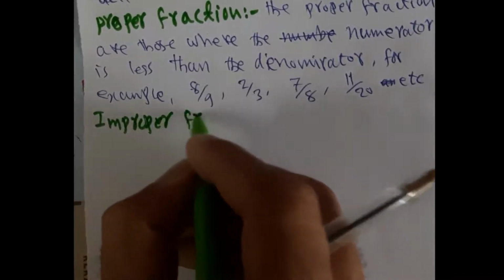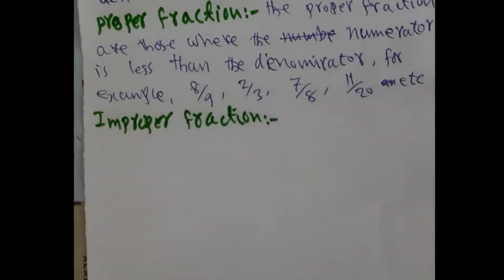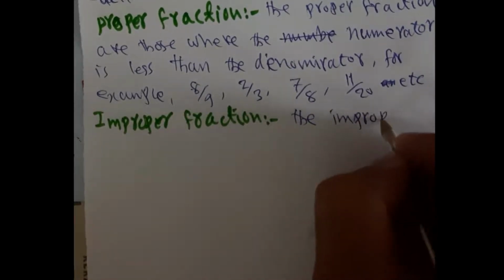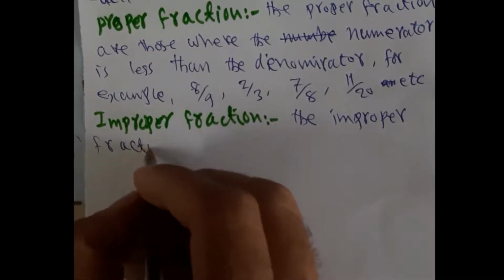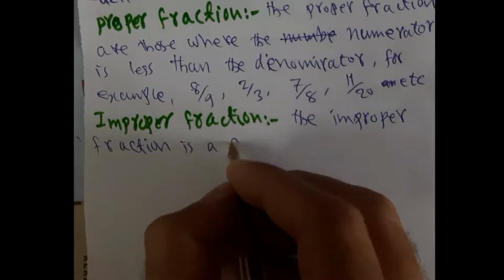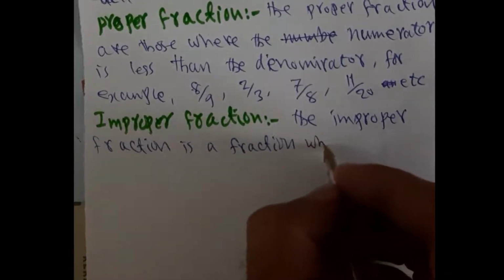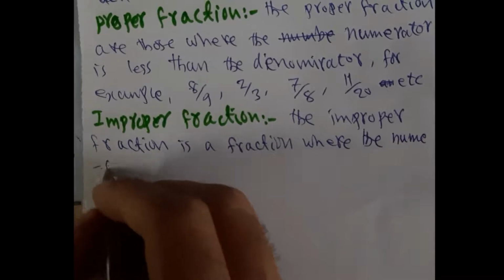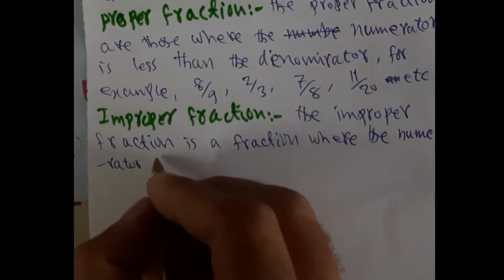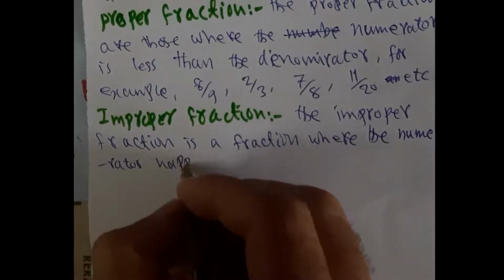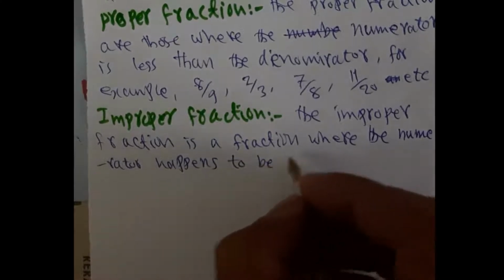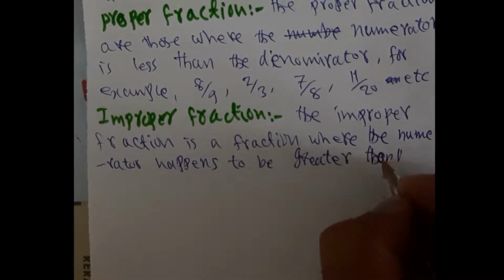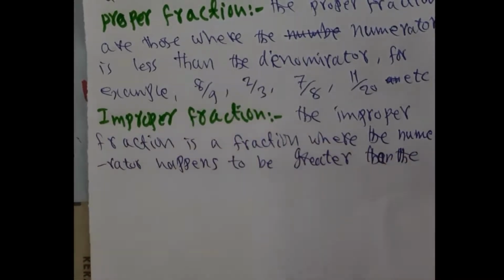Improper fraction. An improper fraction is a fraction where the numerator happens to be greater than the denominator.